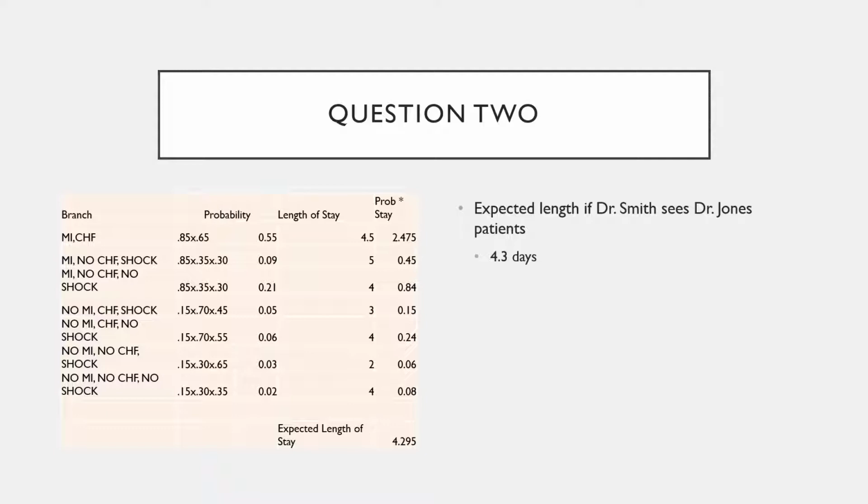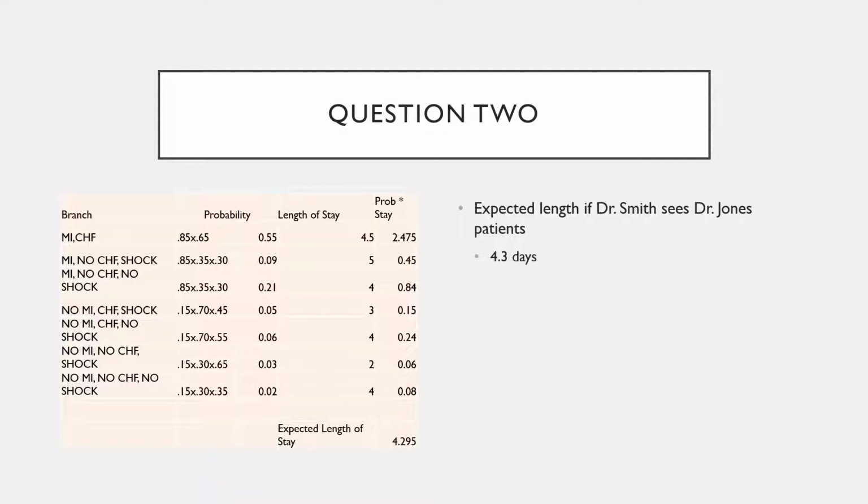For example, the MI to CHF has a probability of 0.85 and 0.65 on Dr. Jones' chart. We use that for Dr. Smith. Once we do that, we find a probability of 0.55, and then we use the same length of stay that Dr. Smith uses, which is 4.5. Once we calculate that too, the expected stay is 2.475 days, which is about 2.5.